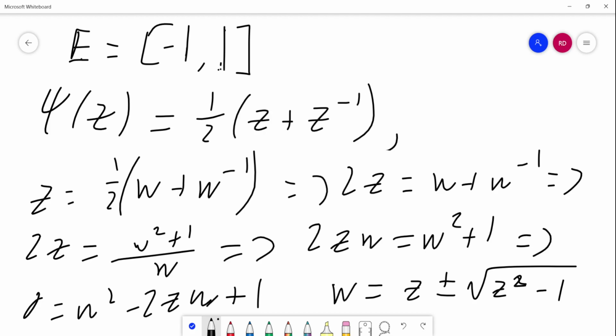What do we do with a plus or minus? Well, we said we want to go to the exterior. If it were minus, the z and the square root of z squared would partially cancel each other out, and that would give us a small value. So we use the positive one. So let's just go ahead and delete that negative there. So that's our function.